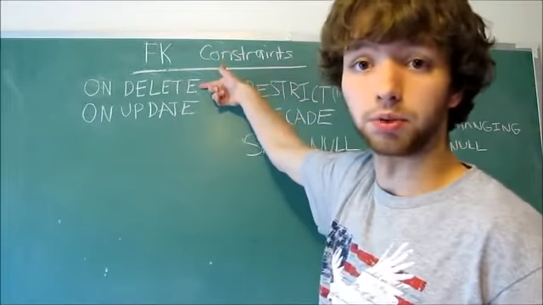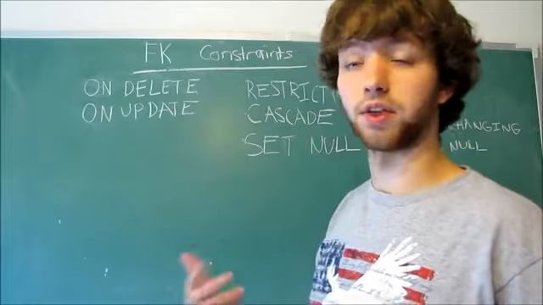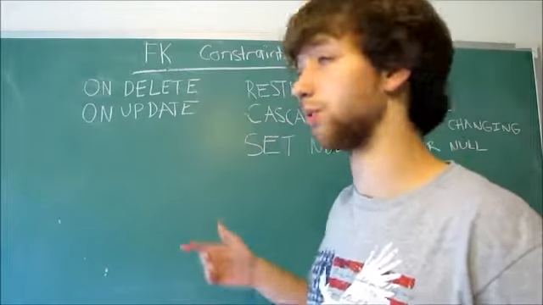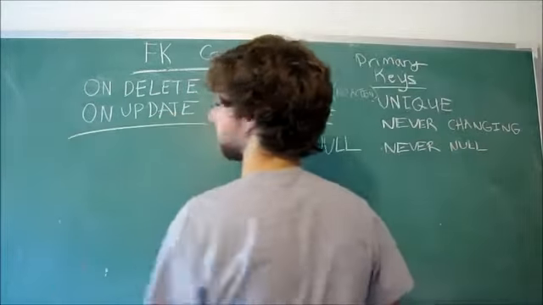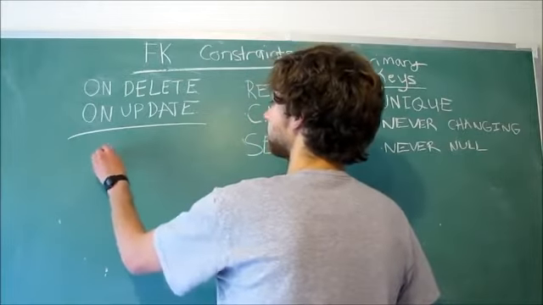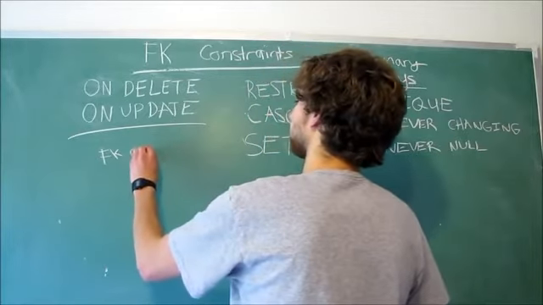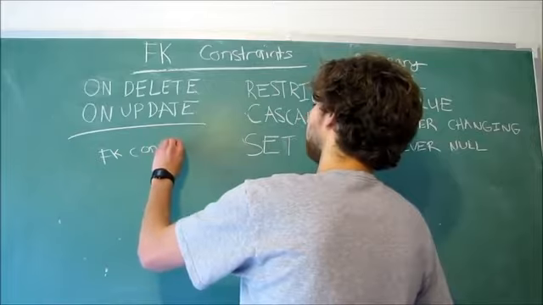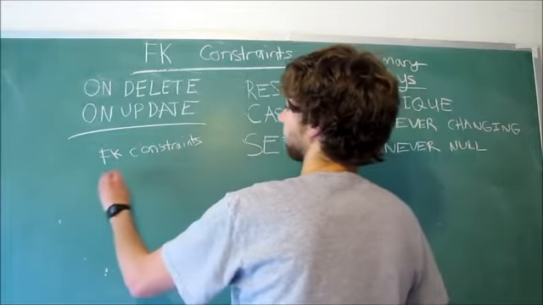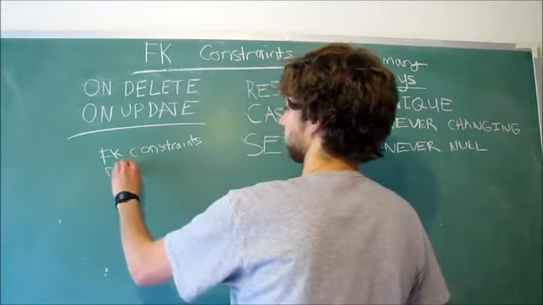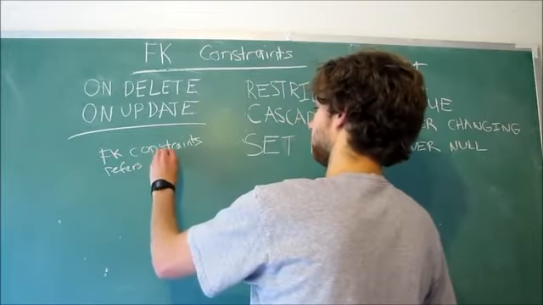When we delete the parent, we want the children to do something. That is what these keywords mean. So these keywords are talking about the foreign key constraint, and it refers to the parent.